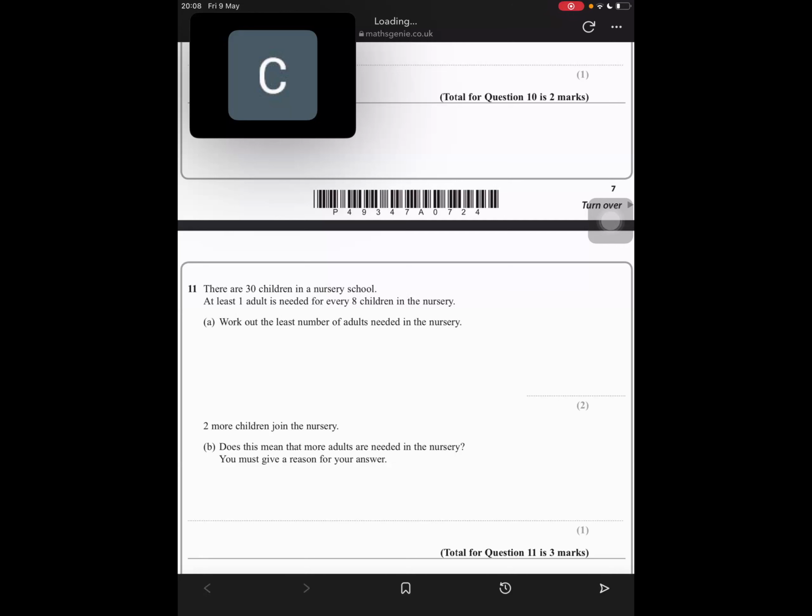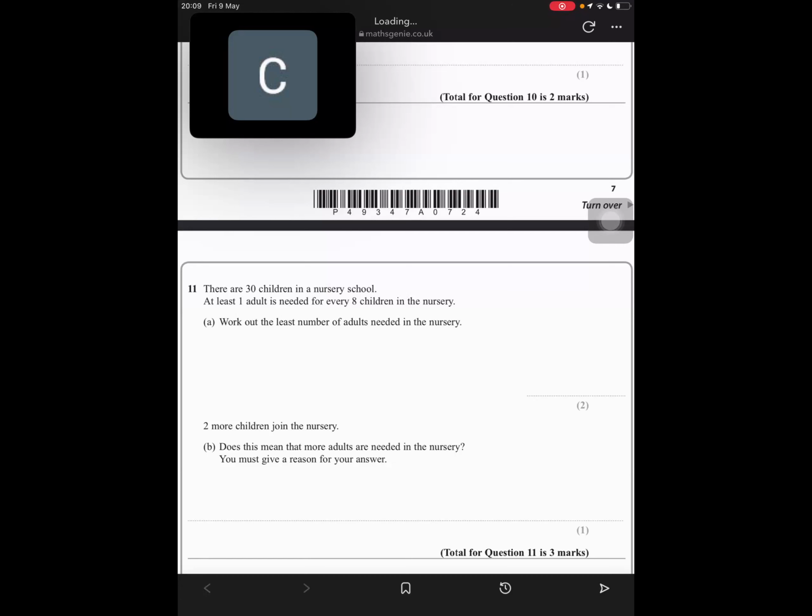How did we get 4? 3 adults will be needed for 24, 8 times 3. But since there are 30, the remaining 6, 1 adult can handle them, isn't it? Yes.